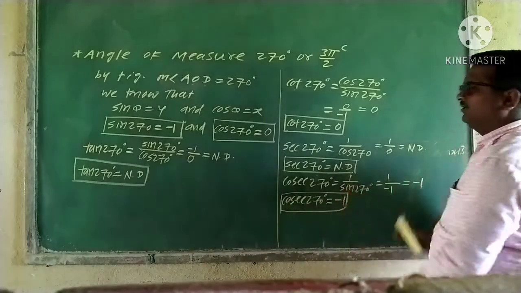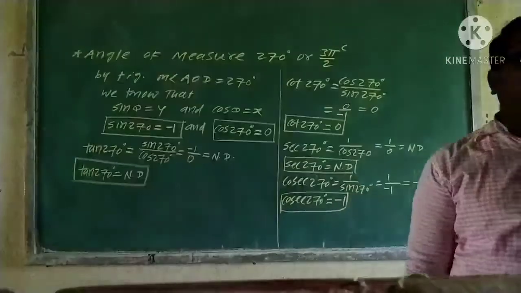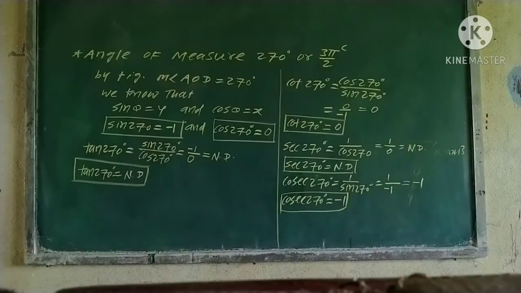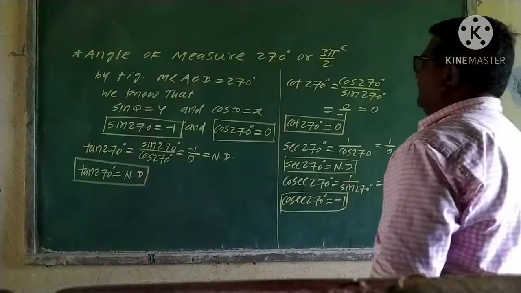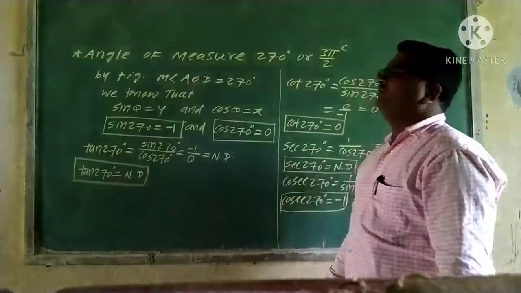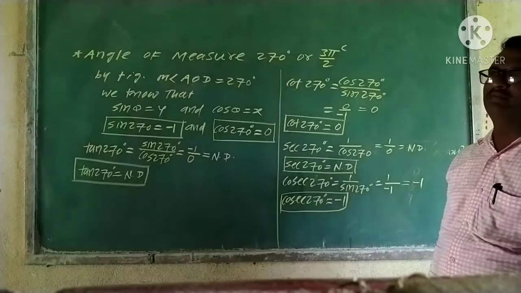Now these are the values of all trigonometric functions for the measurement 270 degree or 3 pi upon 2 radian.